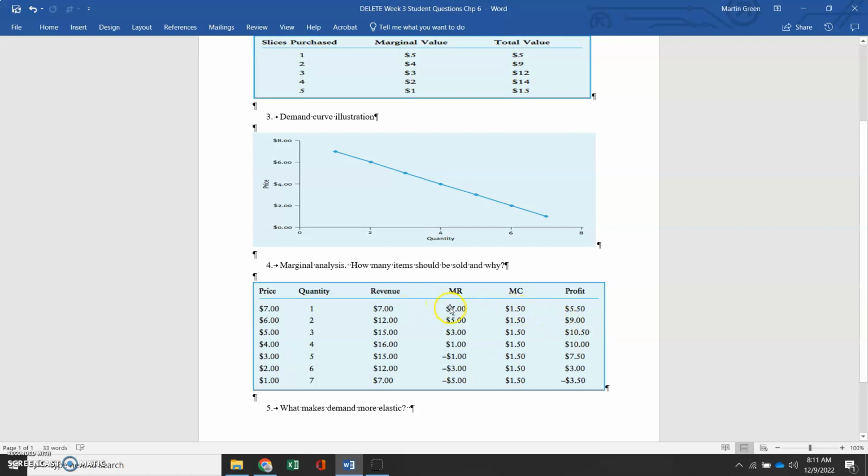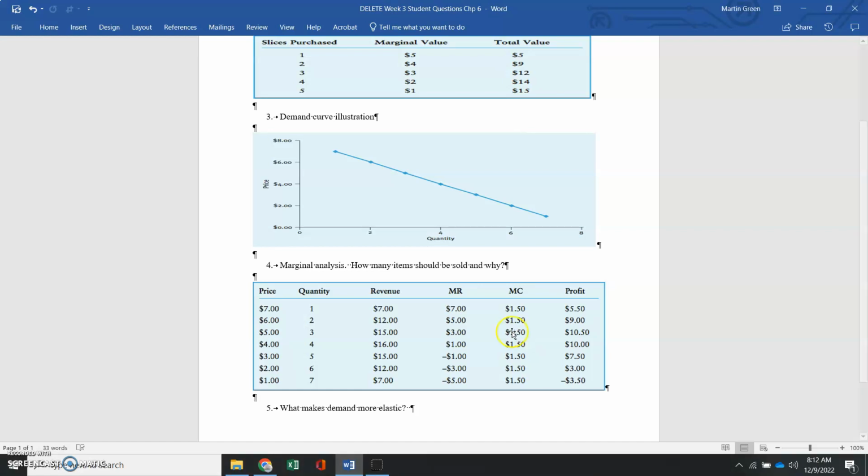We follow that logic and calculations the whole way through, but notice our marginal revenue. Of course, our marginal cost doesn't change at all. But with each one of these calculations and a drop in the price in the demand curve, our marginal revenue finally drops to $1. And notice that our $1 is less than $1.50, which is our marginal cost.